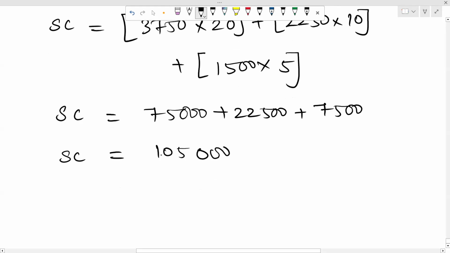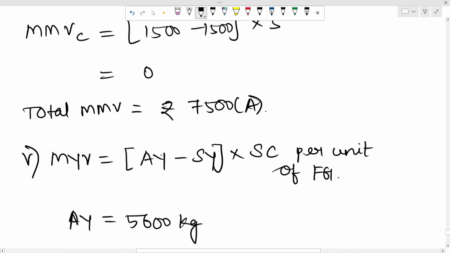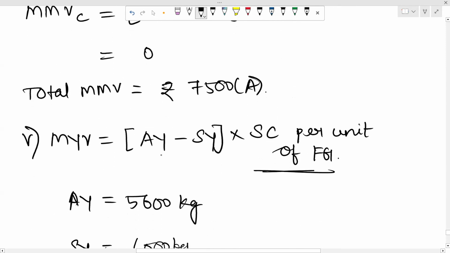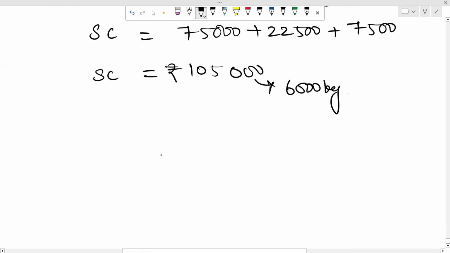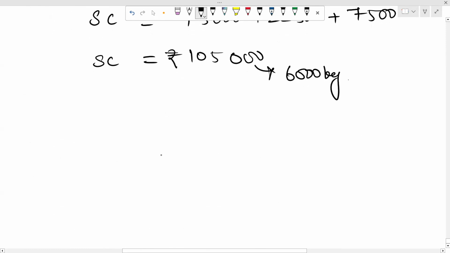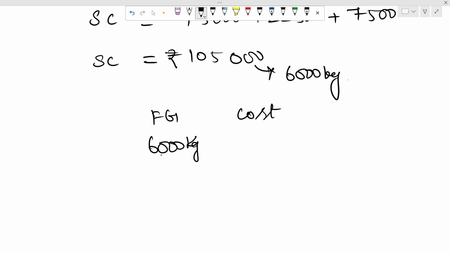So this 1,05,000 is the standard cost for how many kg of finished goods? 1,05,000 is the standard cost for 6,000 kg of finished goods. But in the formula, we need the standard cost per unit of finished goods. We want the standard cost per unit of finished goods, right? So here, if the cost of 6,000 kg of finished goods is rupees 1,05,000, then what is the cost for 1 kg of finished goods?